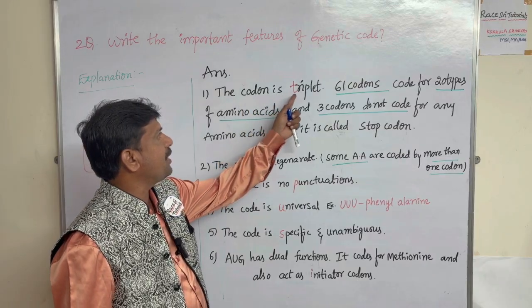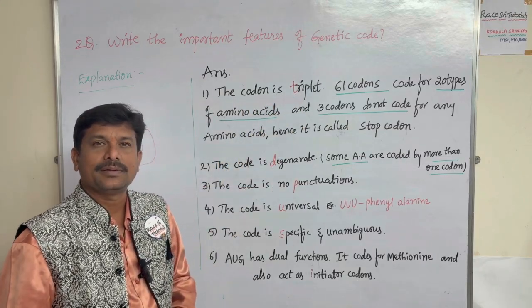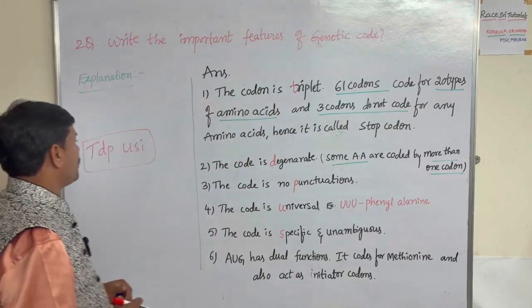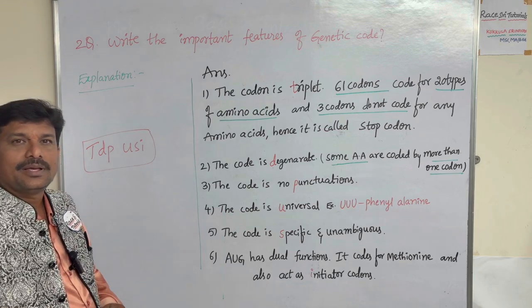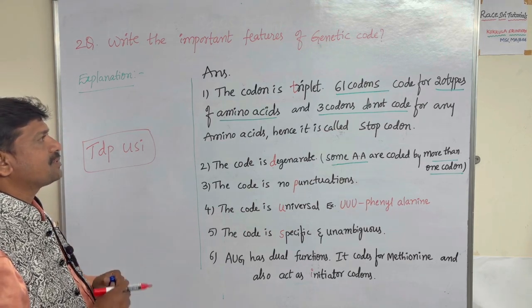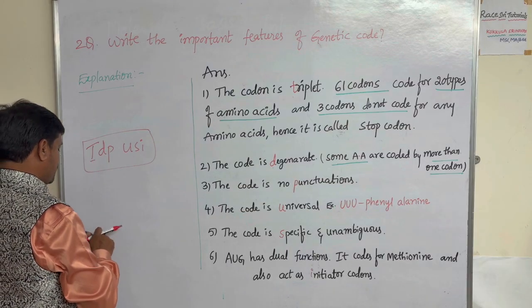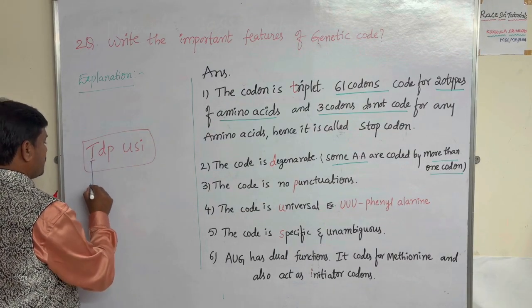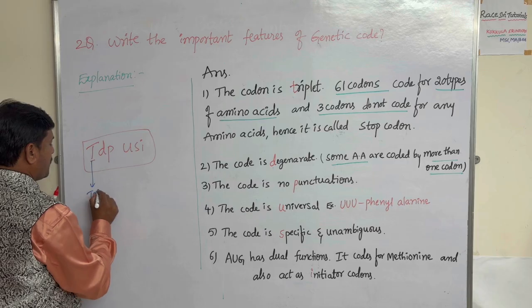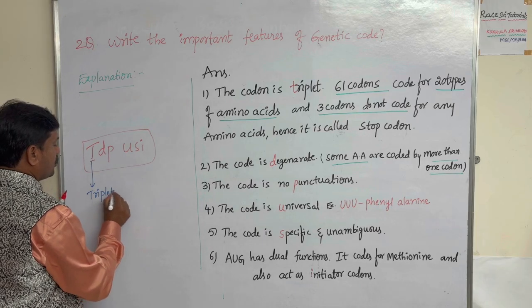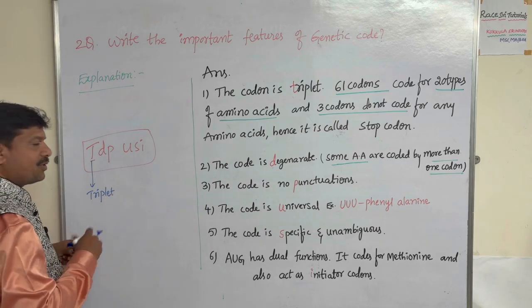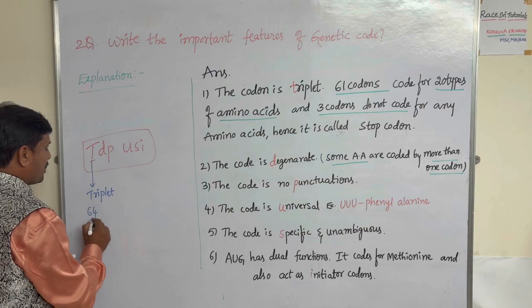The codon is a triplet. What's a triplet? We know, you will take any one. So codon is a triplet. Total how many codons are there? T represents triplet only. Total how many codons are there, sir? We know 64 codons are there.